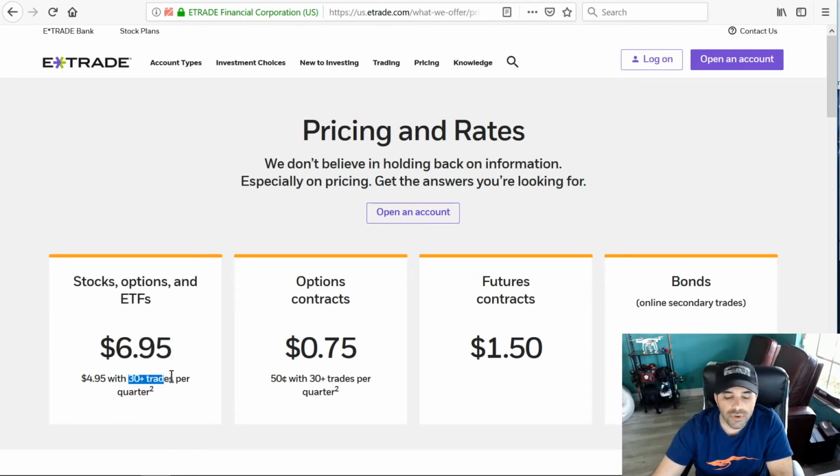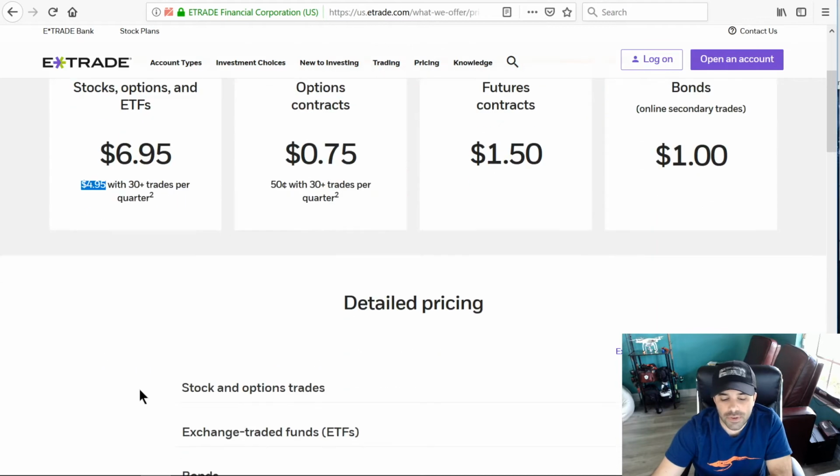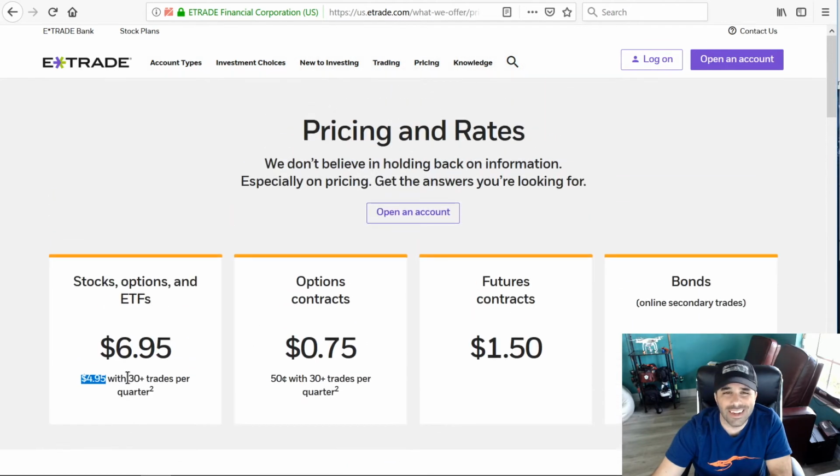If you make more than 30 trades per quarter, which generally you're gonna make about that or more than that usually per quarter, it'll drop your fees down to $4.95 per trade. So now each buy and each sell is going to cost you $4.95 each. So that's going to be your trading fee. There's going to be some small FINRA fees and stuff like that that add up to a couple cents, give or take.